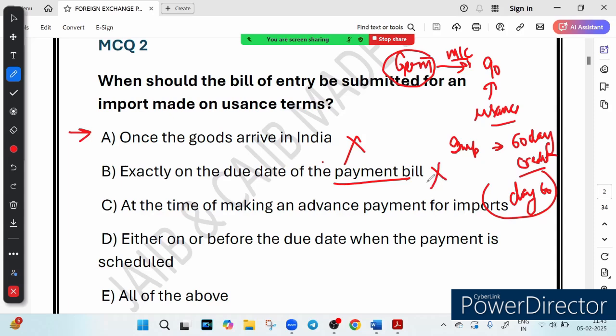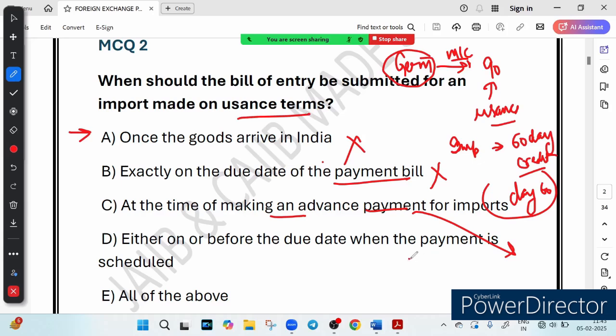Option C says at the time of making an advance payment for import. This applies to advance payment, but usance imports do not require advance payment. You see it is clearly written usance term. Usance means deferred payment.